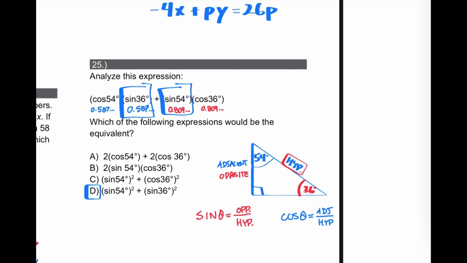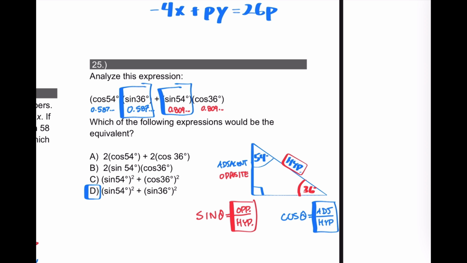Now, if you want a little review of how sine, cosine, tangent works, just remember that it has to be a right triangle. Looking over at this diagram I drew, remember that the sine is equal to opposite over hypotenuse, and cosine is adjacent over hypotenuse.